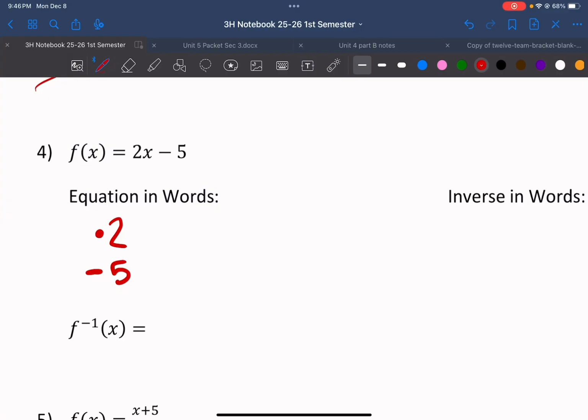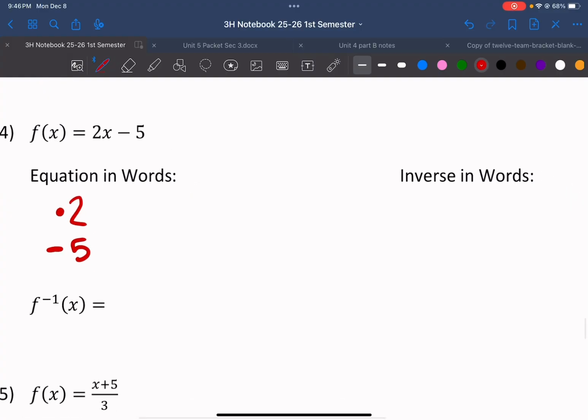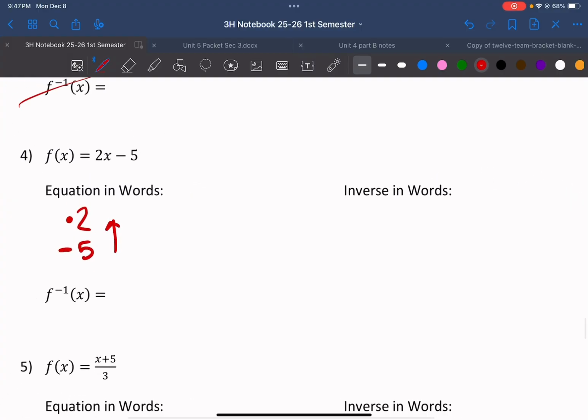Two-step equation, a little bit different now. We're still going to go backwards and opposite. So I'm going to start with negative 5, and its opposite is positive 5. Multiply 2, its opposite is divide 2.